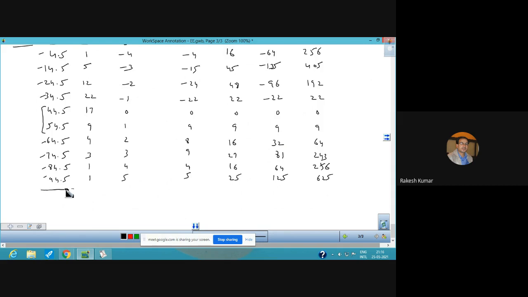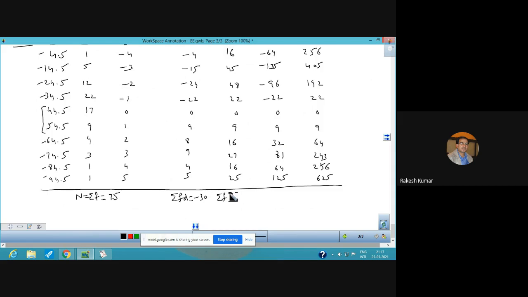Now we can find the sum total of the values. Capital N is the sum total of the frequencies, that is 75. And we require sigma fd, which is negative 30.